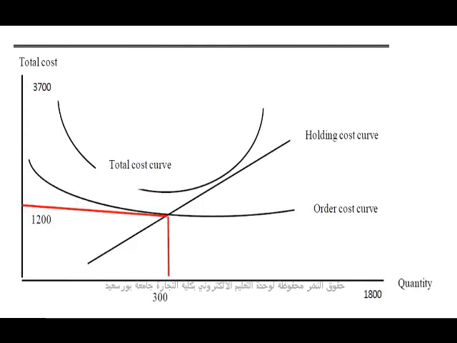This diagram is also very important to understand the EOQ model. We can see this axis for quantity and another one for cost, and we have two types of cost, holding cost and ordering cost. The relationship between holding cost and the quantity is positive. If you buy more quantity, holding cost will go up. This makes sense.